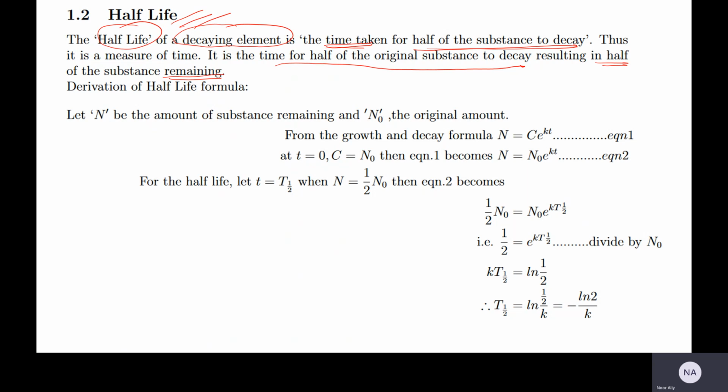And why is that so? It's simply because the element that is used, whatever it is, remains decaying for a very long time. And we need to understand and know how long that particular element will continue decaying.